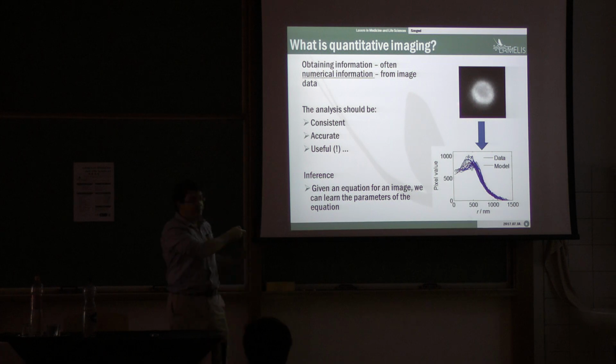Given that we've added some extra assumptions about what the sample is, we are able to get an equation which describes what the image should look like. And often by fitting the equation to the image data that you actually get, you can obtain much more precise information on something like the radius of the spore than we could obtain if we just looked visually at the image data.